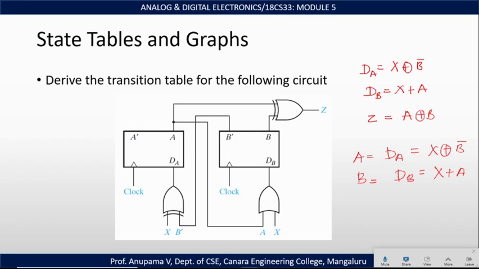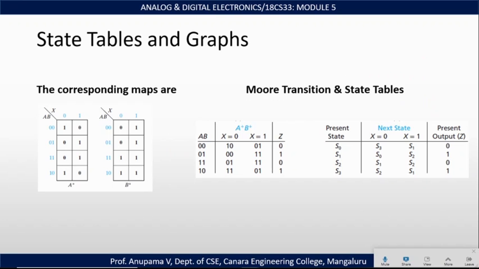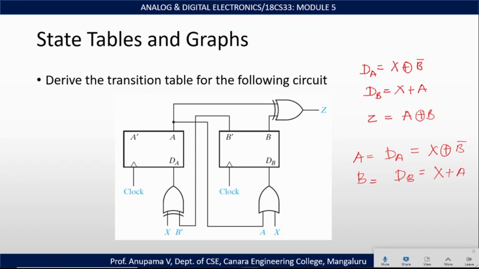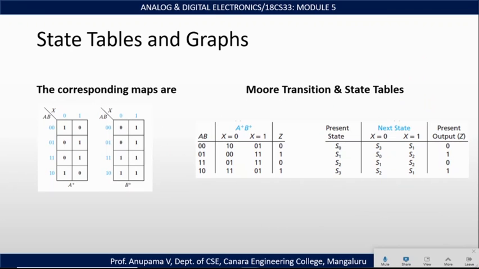There are two inputs A and B and one more input called X. So, the inputs are A, B and X. The output is Z. For each flip-flop, A, B and X are the input. Output is A plus and B plus respectively.